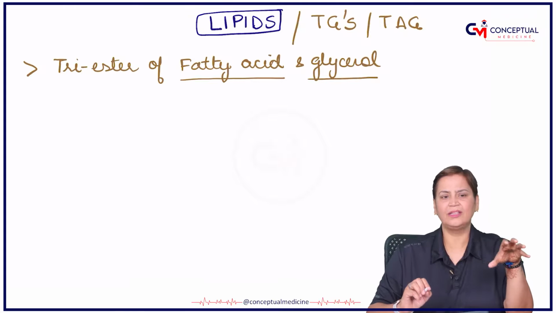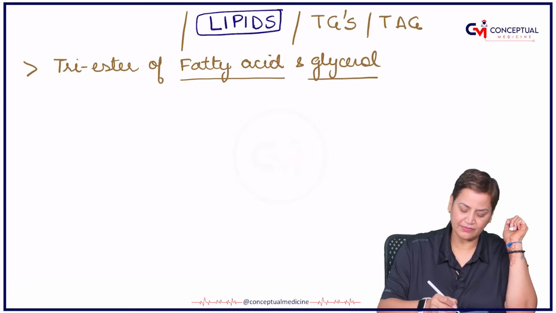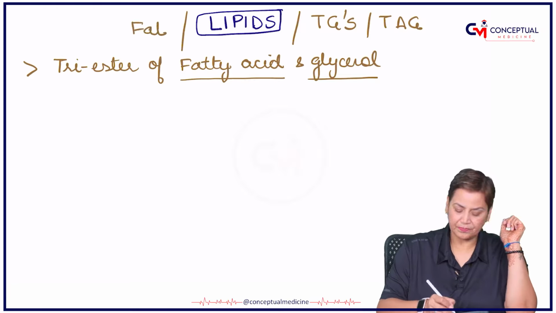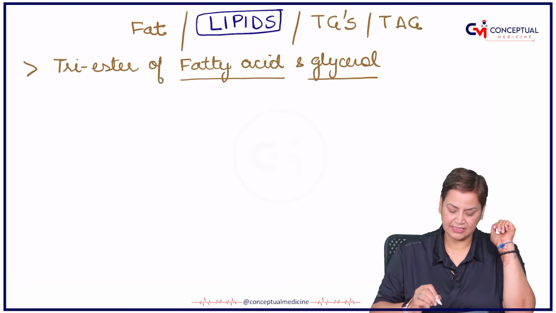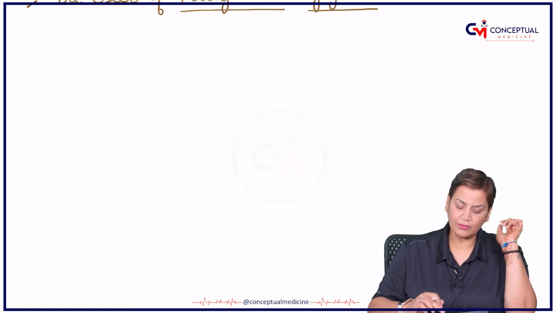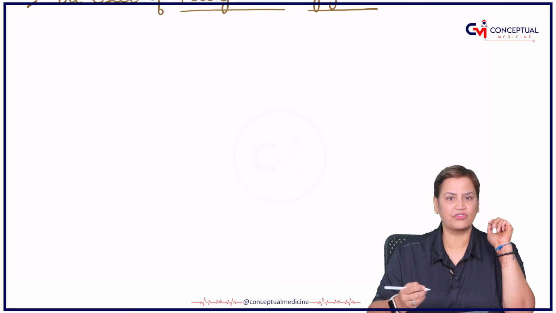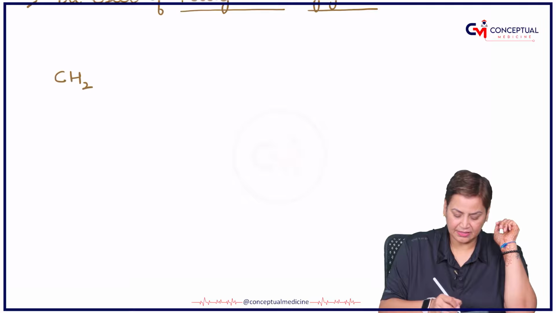So overall, how do we define a fat? A fat is simply the triester of fatty acids and glycerol. Now if we talk about glycerol, we know it is a trihydric alcohol, which means it has 3 hydroxyl groups.